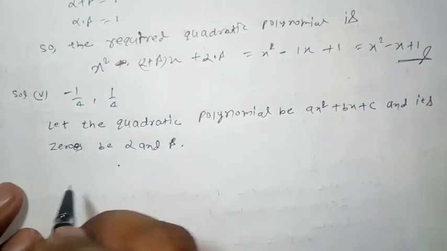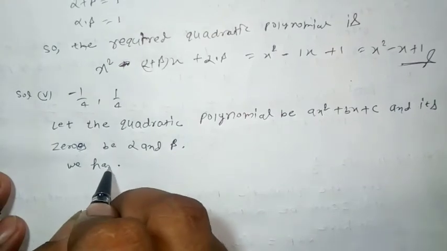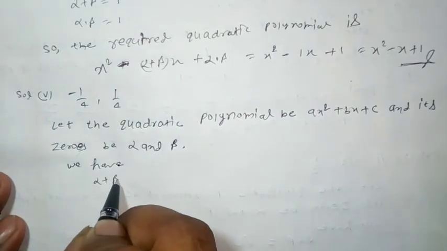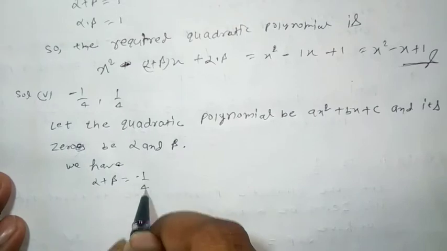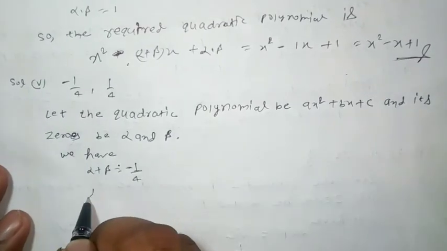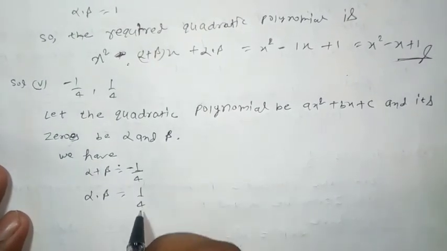Okay, we have alpha plus beta is equal to minus 1 by 4, alpha into beta is equal to 1 by 4.